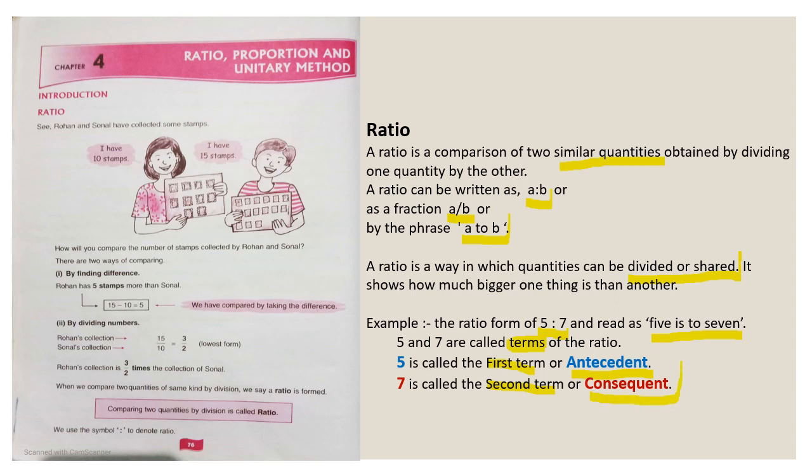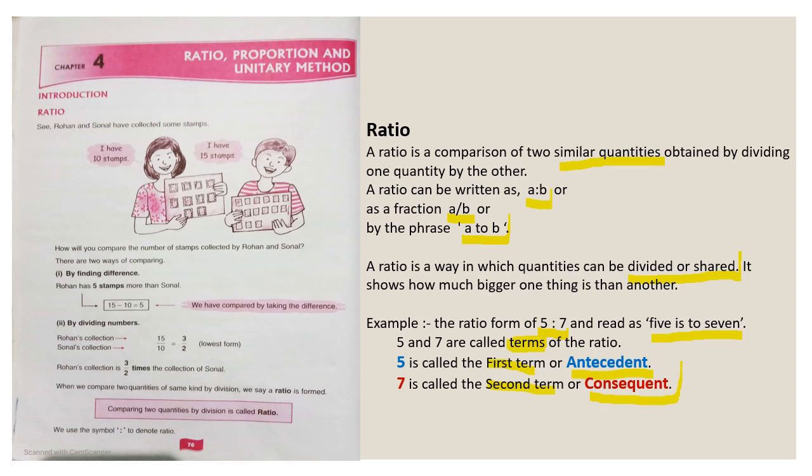So if anyone asks you what is 5 in the ratio 5:7, you can say it is the first term or antecedent. If anyone asks what is 7 in the ratio 5:7, you can say that 7 is the second term or consequent.